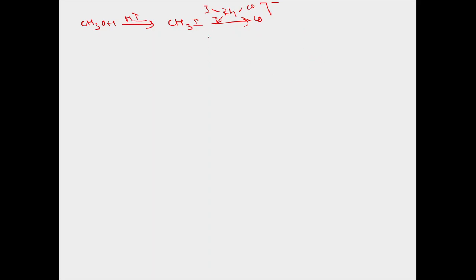Now this CH3I and this will react, and what will happen? First oxidative addition takes place to give this: Rh, I, I, I, CH3, CO, CO minus. So the question was given from this. The complex which was given in the question was this. And then they said that at high temperature and high pressure, another CO molecule was inserted.